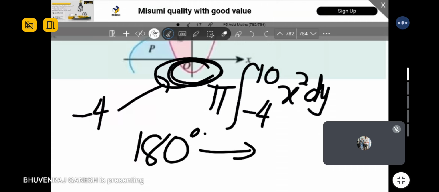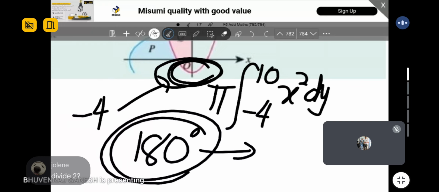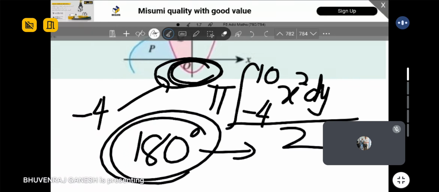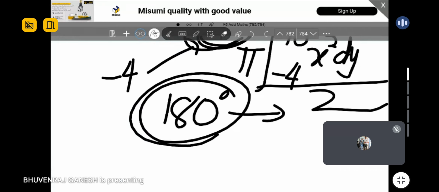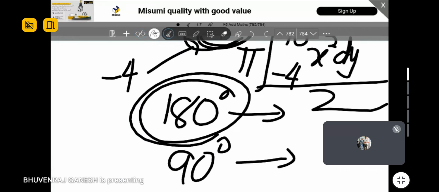Kalau soalan tukar 180 darjah, yes, divide answer by 2. Settle. Okay. 90 degree, if suddenly the question asks you 90 degree, what should you do? Use the same concept. You should divide by 4. Am I right? Because 360 to 90.